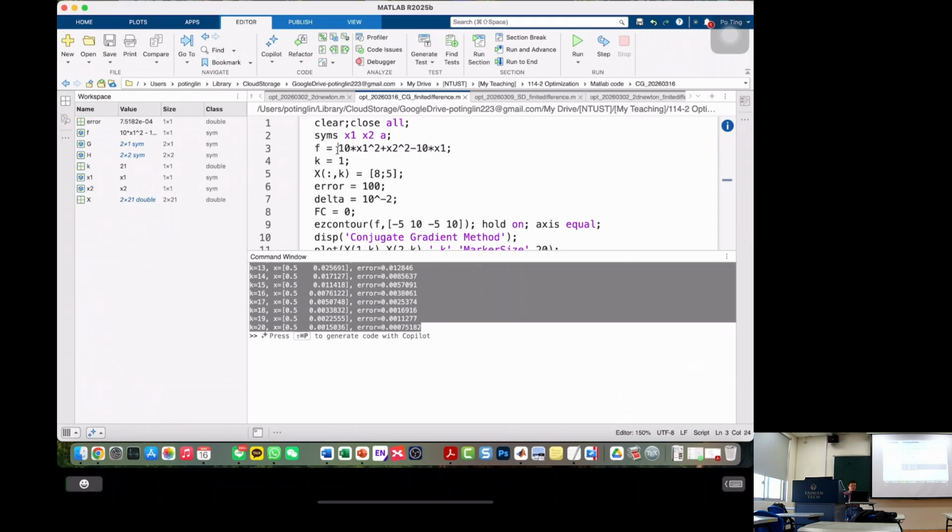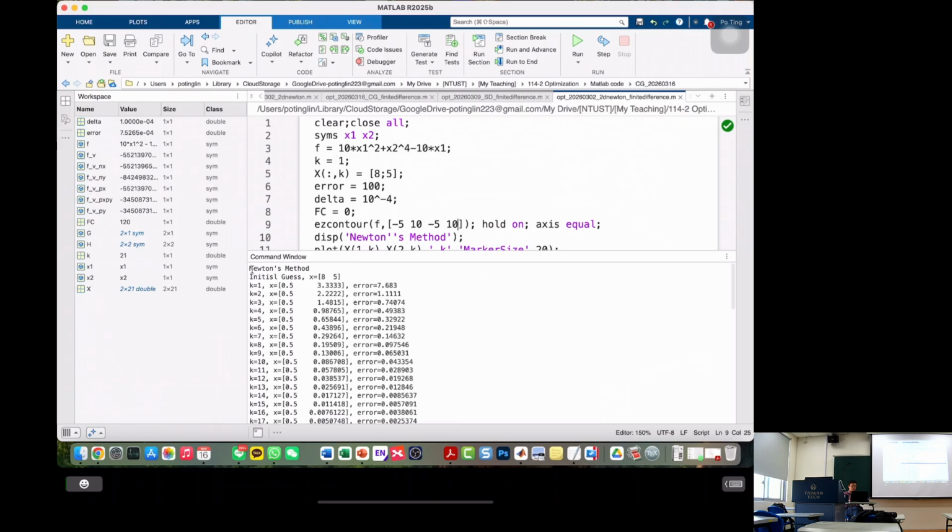So let's make sure we're solving the same problem for all codes, and then let's use the same level of delta. Maybe 10 to the power of -4. Okay. Let's solve it by Newton first.